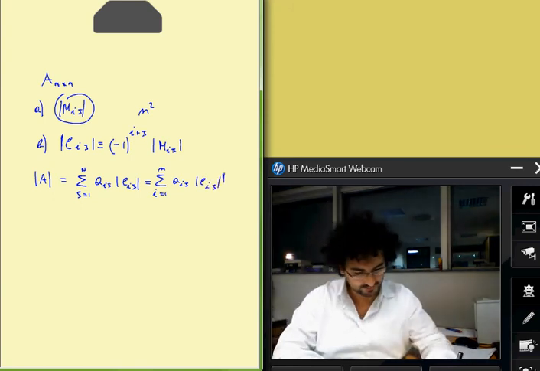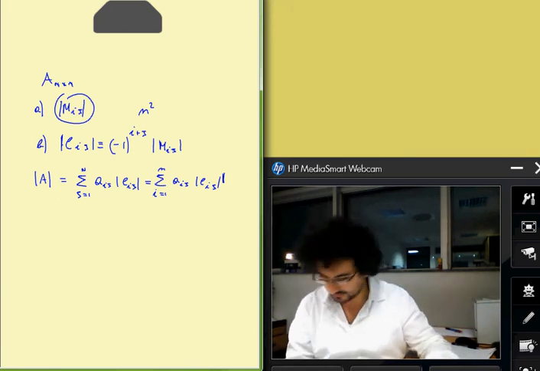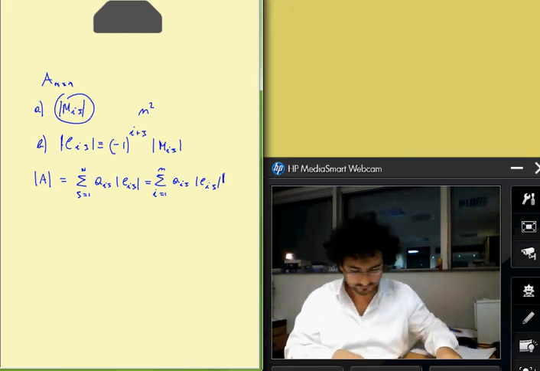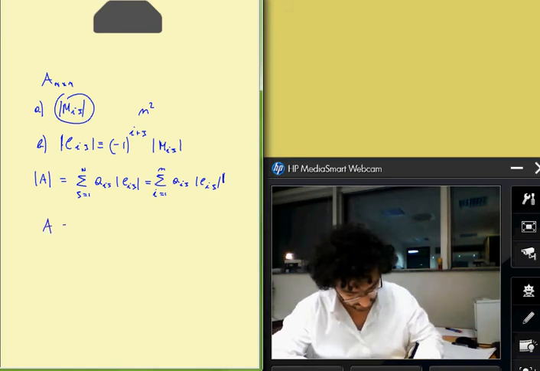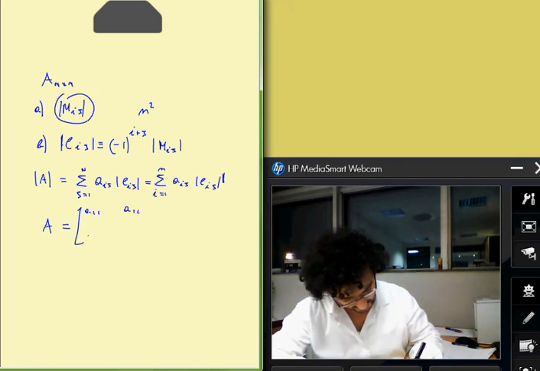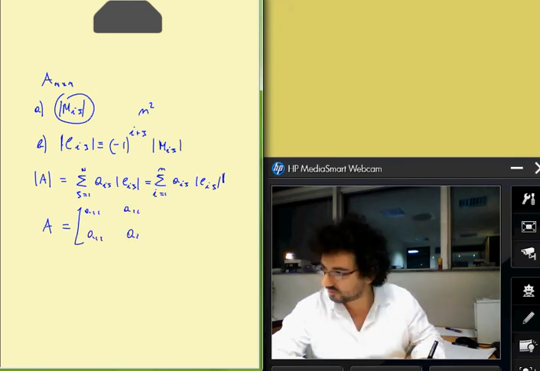In order to better understand this definition, consider a 2 by 2 general matrix A with elements A11, A12, A21, A22.